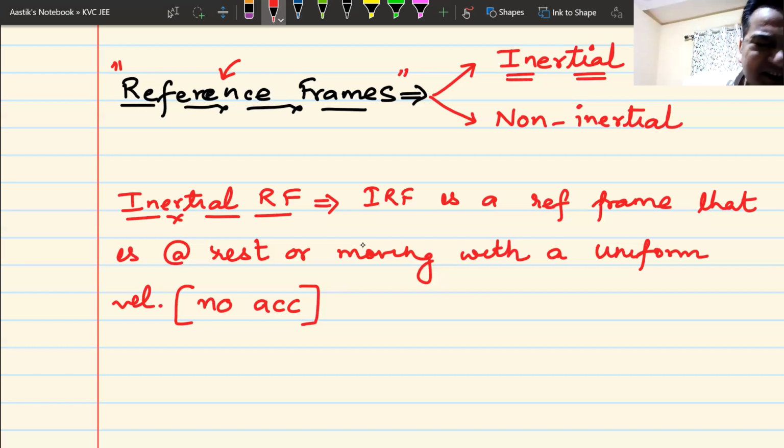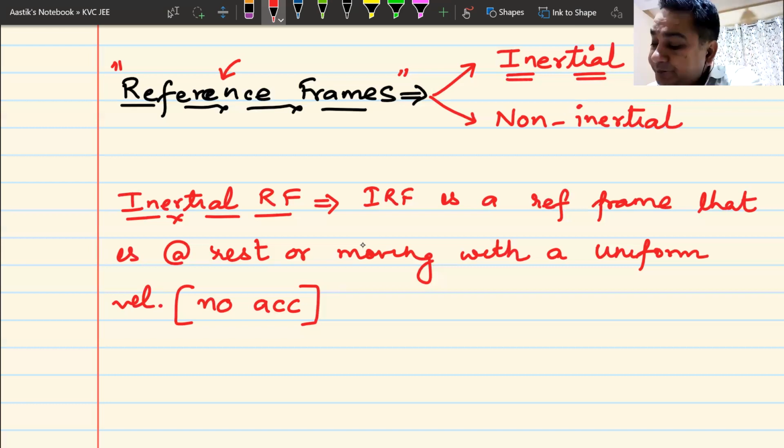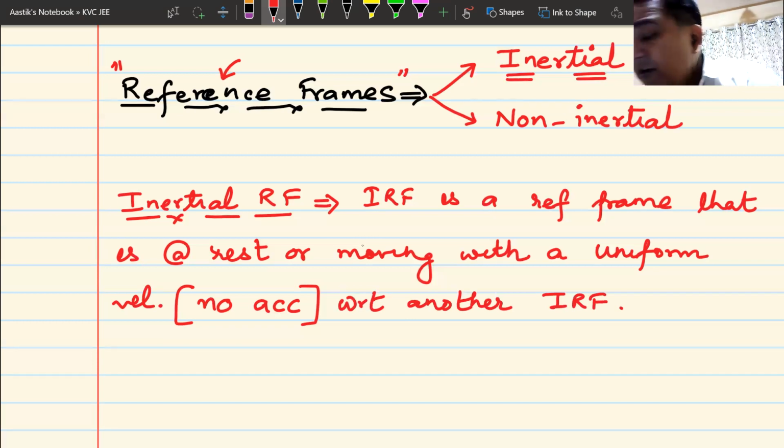So there is a very small thing that I have to add here: with respect to another inertial reference frame. Now this makes the definition very complicated, but you must understand that rest and motion are relative terms.